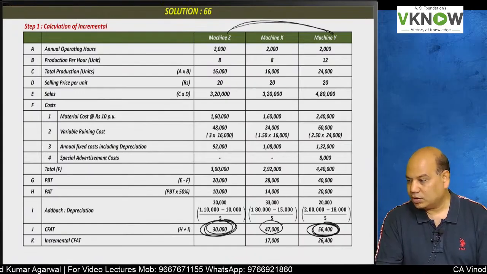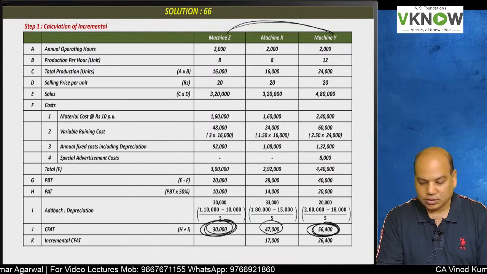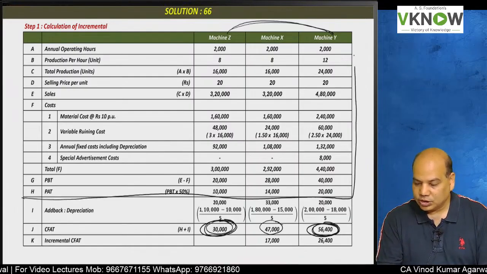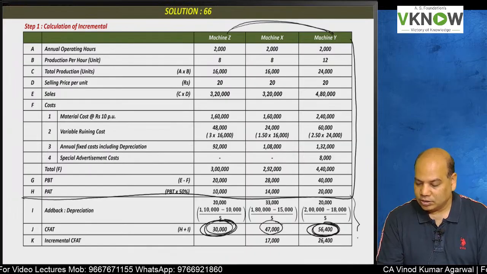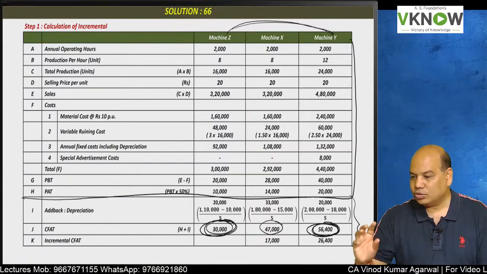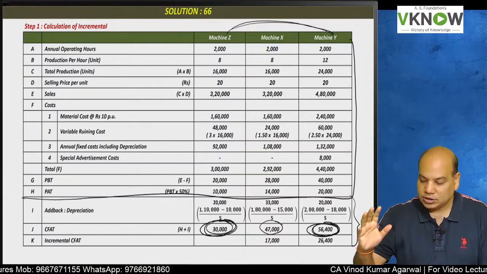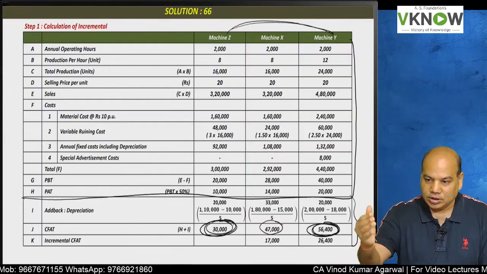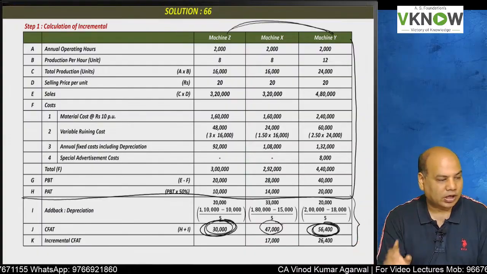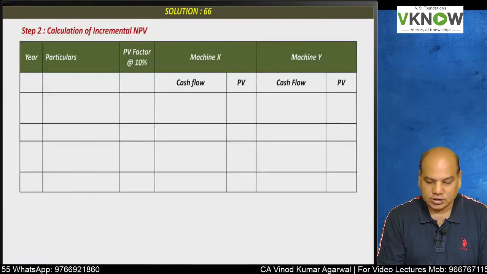That was this wonderful calculation. Up to this it is like a costing question, and suddenly it becomes an FM question. I am going to use this 17,000 and 26,400 in my NPV calculation. The last two numbers are only relevant for further discussion.